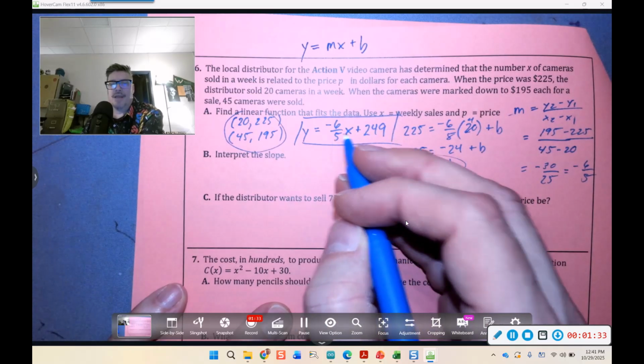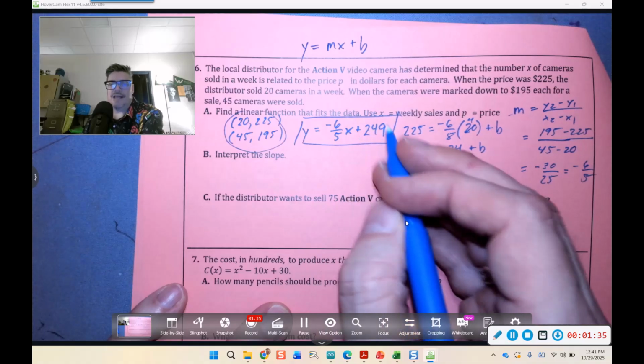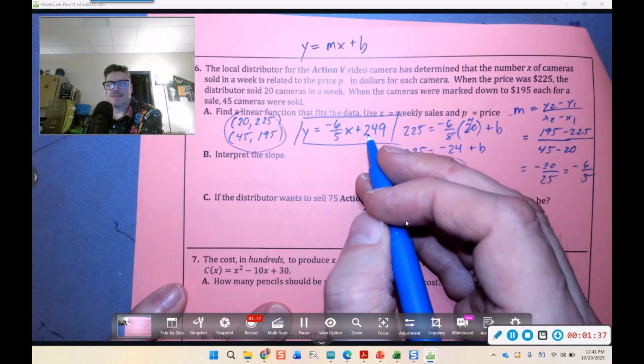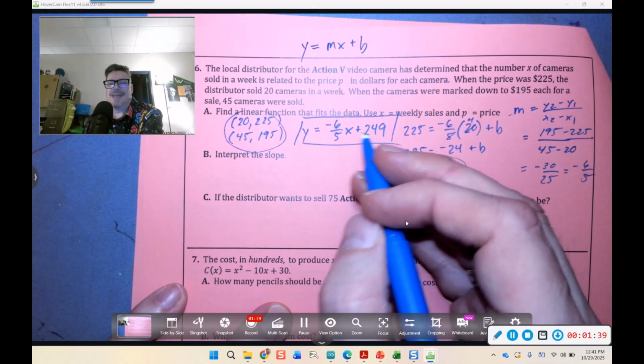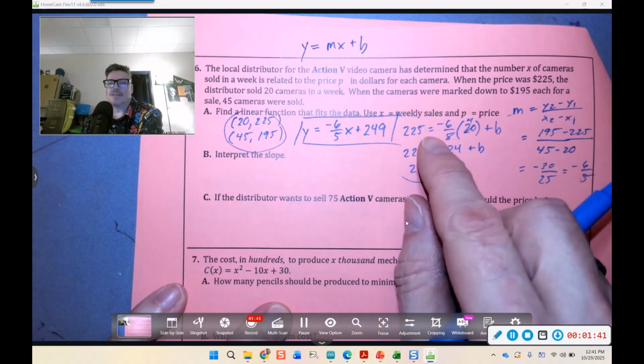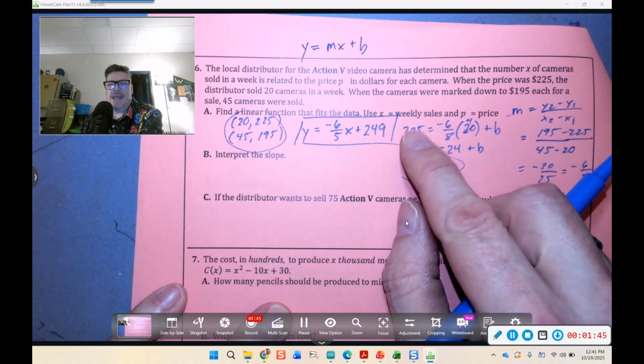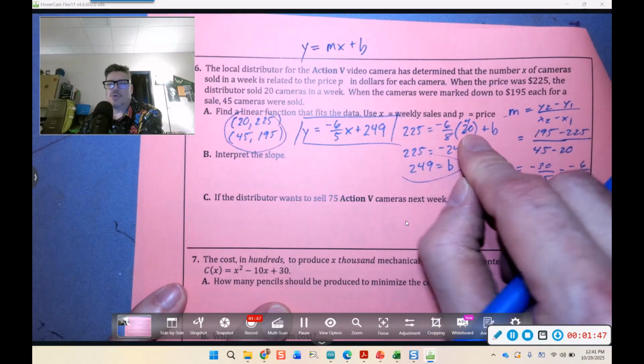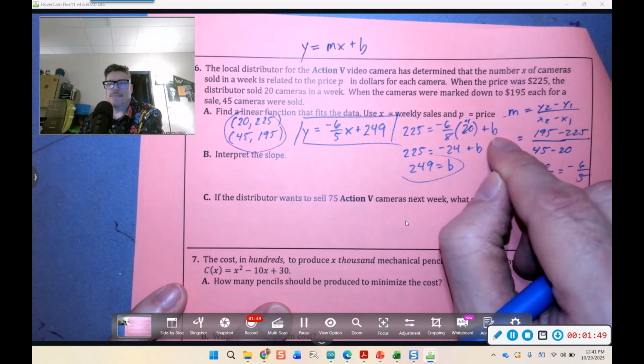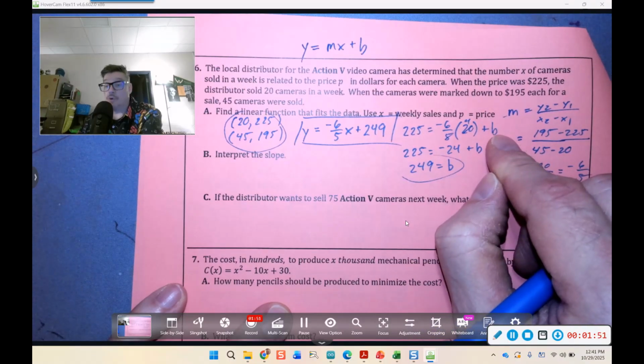Okay. But this was blank at first. I did not know what this plus 249 was. In order to find out this guy, I had to use one of the points. Okay. I decided to go with the 20 to 225. And I put the Y coordinate here and the X coordinate here. Okay, and then I put the B right there, and I don't know what he is.